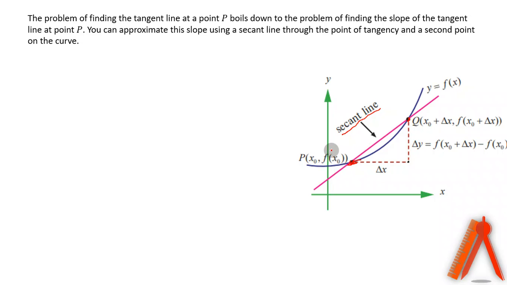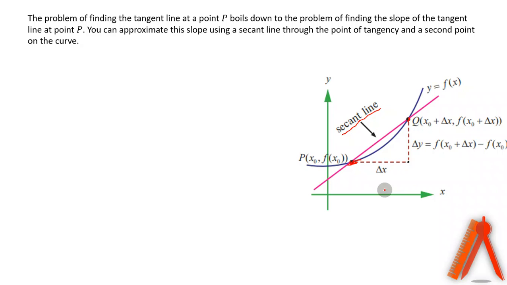The problem of finding the tangent line turns us to the concept of finding the slope at a particular point, because if you need to find this tangent line, it must have some slope. So if we find the slope, we will get the correct tangent line for that point on the overall graph.